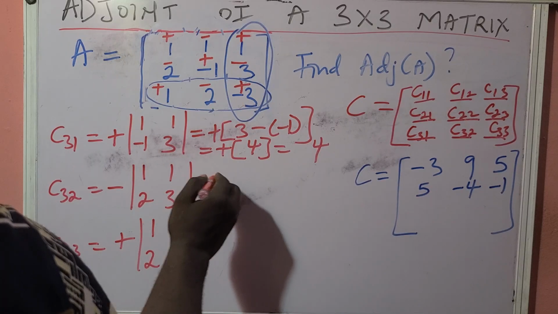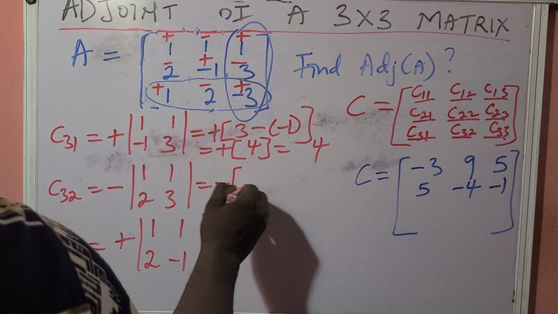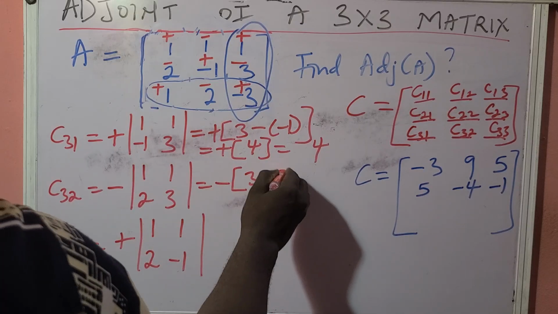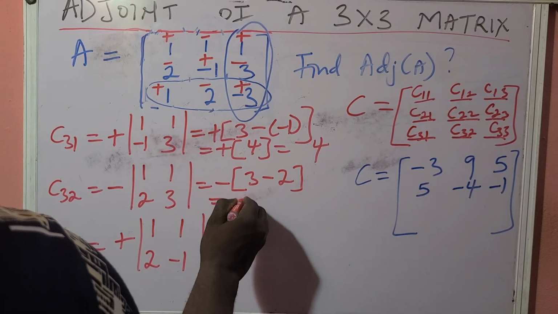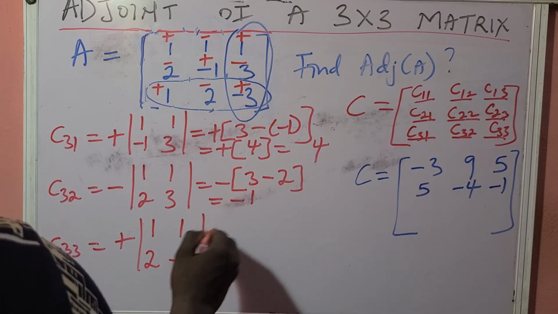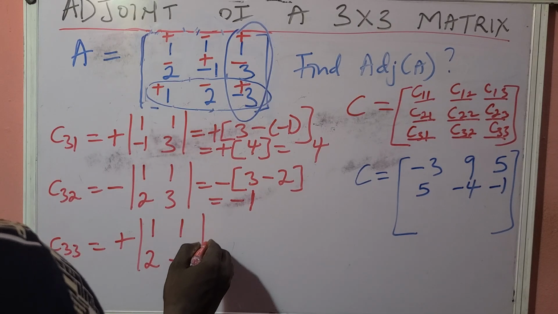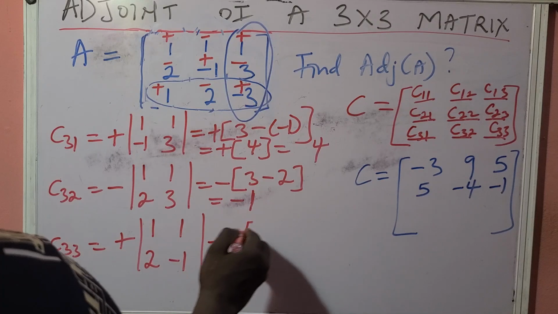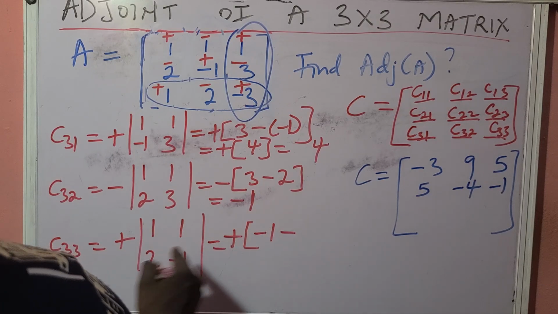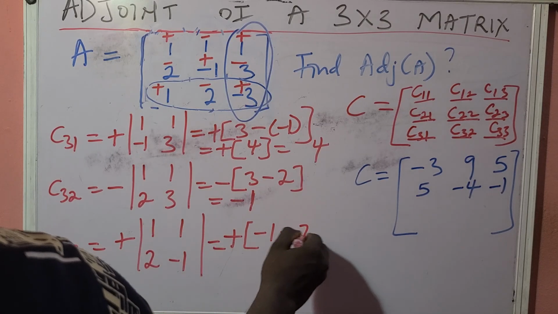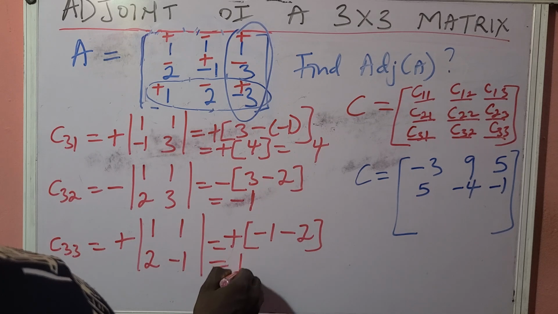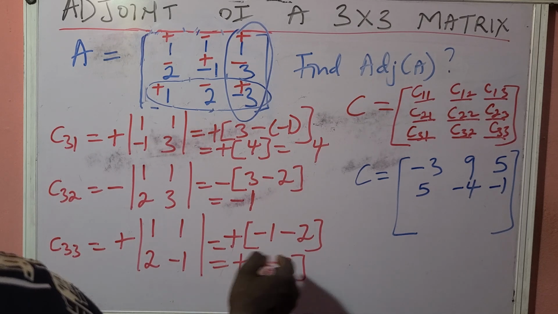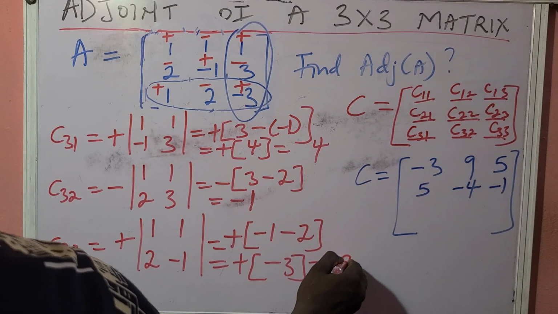And we go on, this is minus 1 times 3, that will be 3, minus 2 times 1, that will be 2. That will be minus 3 minus 2, that's 1. Then we have plus 1 times minus 1, minus 2 times 1, 2. This will be plus minus 3. Plus times minus is minus, you will have minus 3.